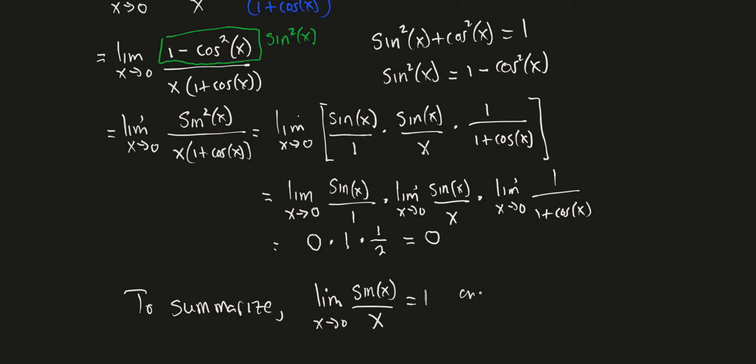And then the limit as x approaches 0 of 1 minus cosine of x over x, that's equal to 0, right? Two simple answers when you look at it, but these two are going to play a very significant role when we go back to derivatives. In fact, we're going to look at the derivatives of trigonometric functions. So why don't you just tune in right now, and I'll see you in the next video.